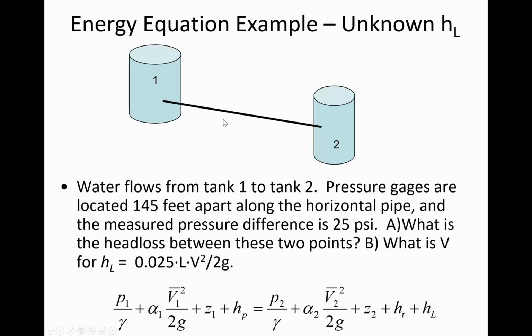So it's kind of like in the lab how we've plugged in a differential pressure meter. This is very similar to that case because we have a difference in pressure of 25 psi, and so we don't know what the absolute pressure at 1 and at 2 is. We know the change in pressure between them. We know how far apart they are, and that's going to go into this head loss formula, H sub L.